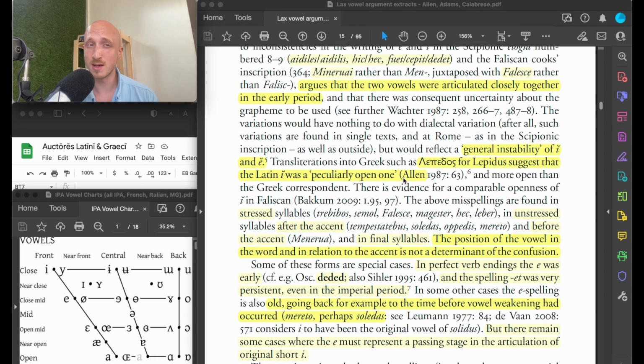That could definitely explain a lot of the ones that we just looked at, although not necessarily, because look, now we have lepedos for lepidus, and this suggests that Latin E was a peculiarly open one, and that's what, of course, Alan says, and we saw that a moment ago.